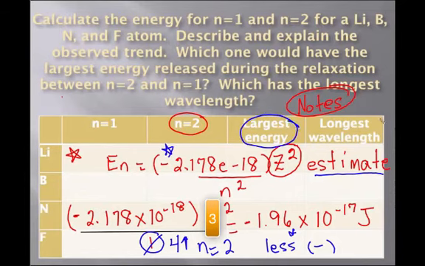And especially, I want you to start looking at these and evaluating which one will have the largest energy difference between the two, and hence which would give off the longest wavelength. Well, actually that would be the opposite, right? Because as you increase the energy, we're looking at decreasing the wavelength. So largest energy, and then the one with the longest wavelength.